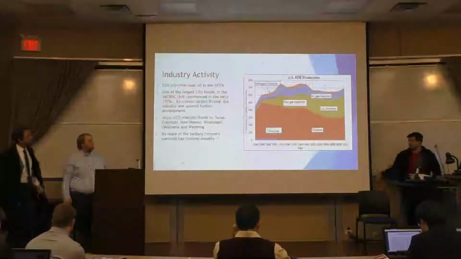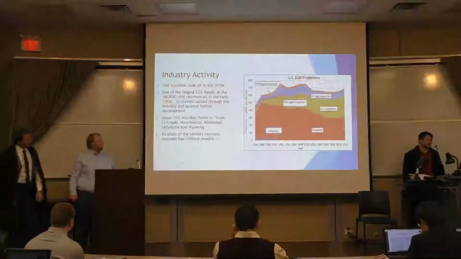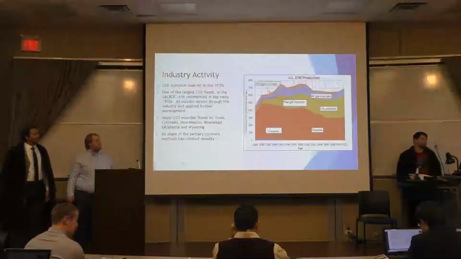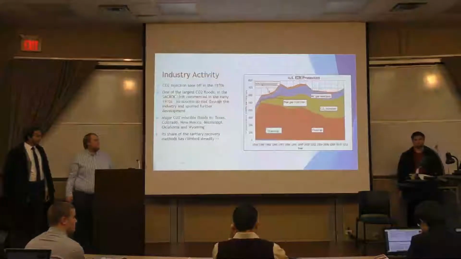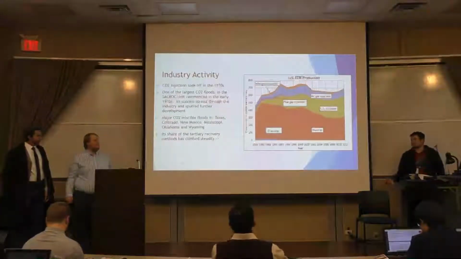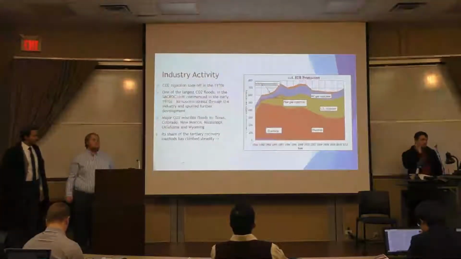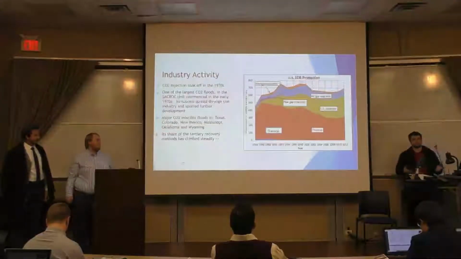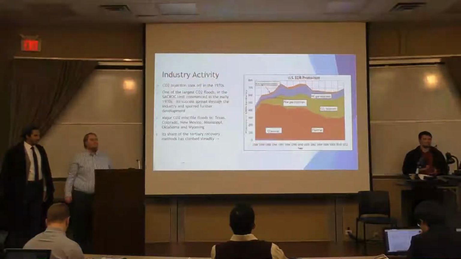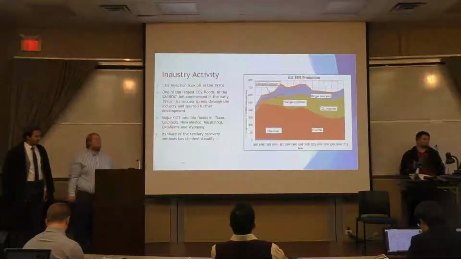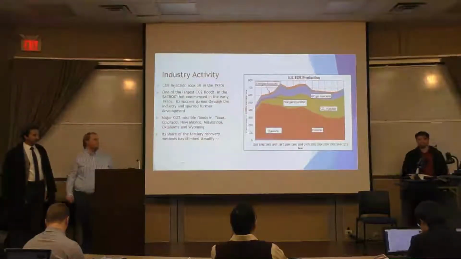And so on the right, we can see the breakdown of the different recovery methods versus time, and we can see that from the 80s, CO2 injection has increased their share amongst the different types, and that's going to continue to grow into the future if you look at forecasts, maybe based on some potential carbon sequestration subsidies.